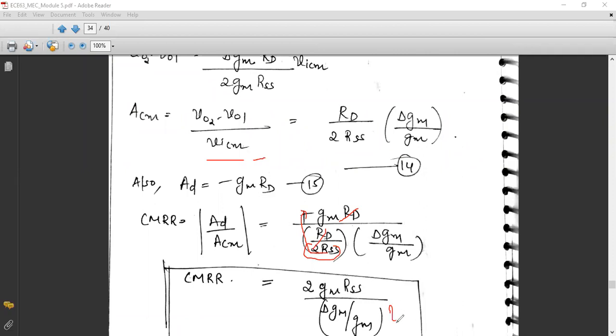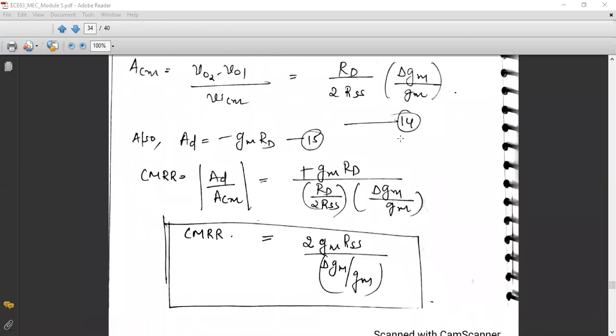Now what is this delta GM by GM? It is the relative change in the transconductance. Relative means GM2 minus GM1 divided by the original value, that is GM. Clear, students? So this is the required CMRR.